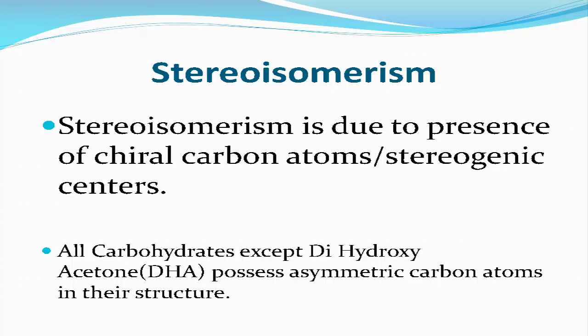Asymmetric carbon means, you know that a carbon atom can form 4 covalent bonds. So if a carbon forms all 4 covalent bonds with 4 different groups, then that carbon is known as an asymmetric or chiral carbon.